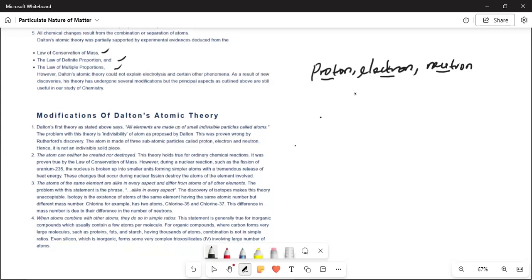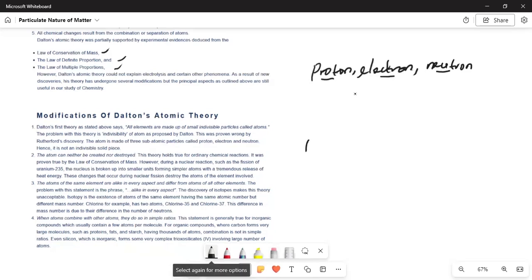Things like protein, carbohydrate, fats, and starch can contain thousands of atoms in a single molecule. So you cannot say that when they combine, they do so in simple ratio. While the theory is true for simple inorganic compounds, it is not true for complex organic compounds.